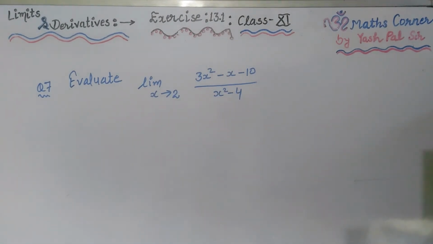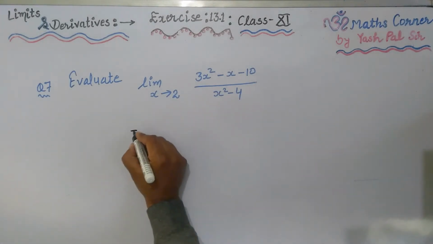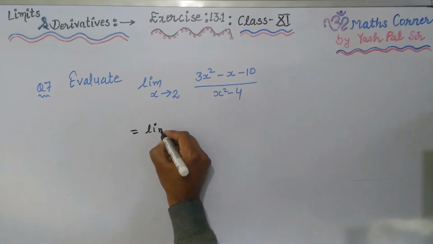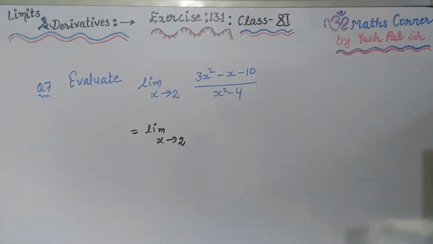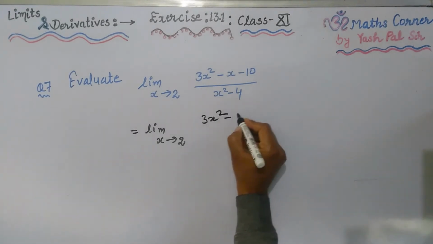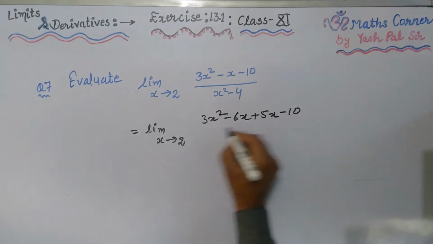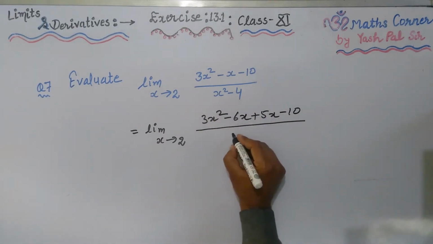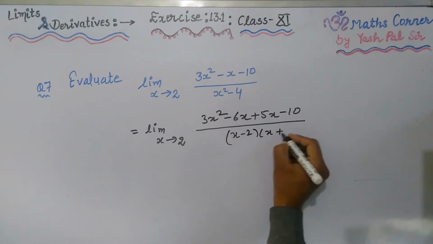In this question we can make the factors. So this is equal to limit x approaches 2, 3x square minus x minus 10. How to make the factors? We can write 3x square minus 6x plus 5x minus 10 divided by x square minus 4, that is (x minus 2) into (x plus 2).